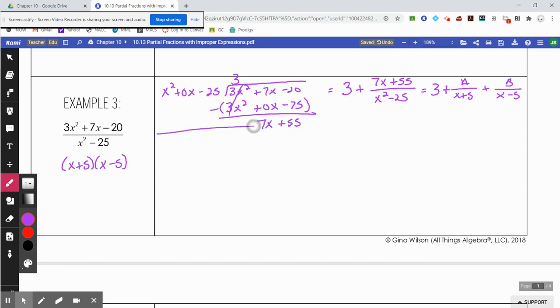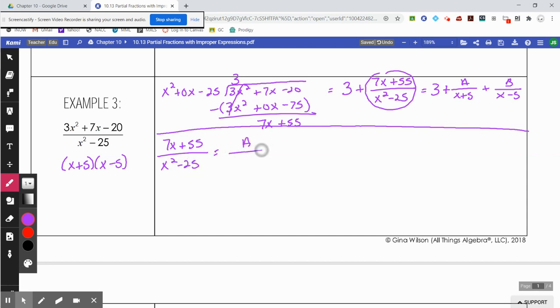The way we're going to do that is we're going to take that fraction that we're trying to decompose, 7x plus 55 over x squared minus 25. We're going to set it equal to that a over x plus 5 plus b over x minus 5.